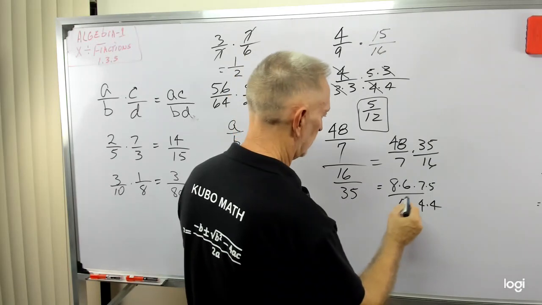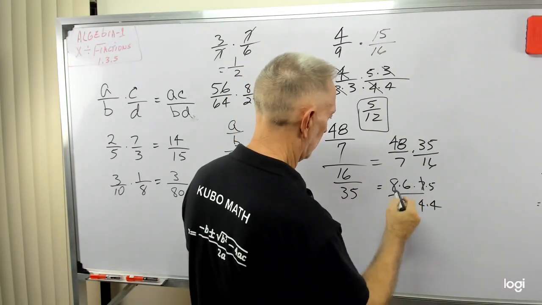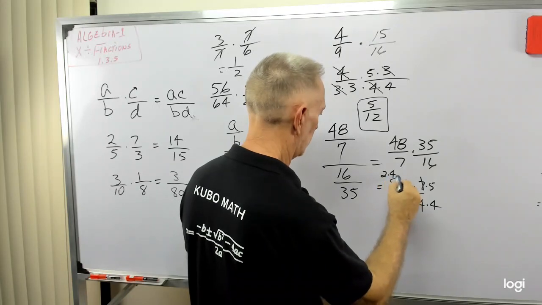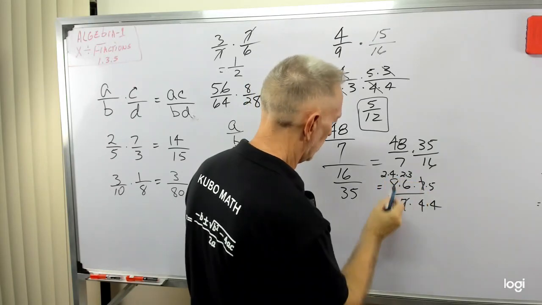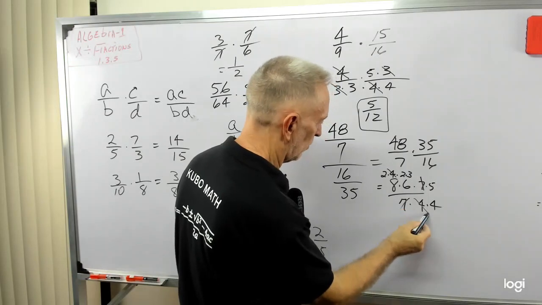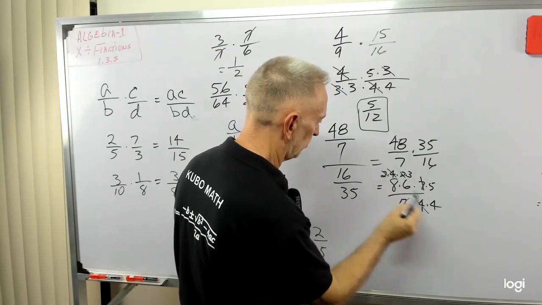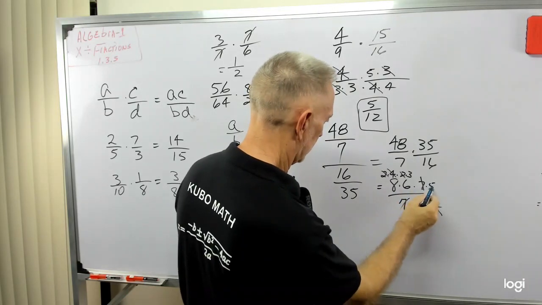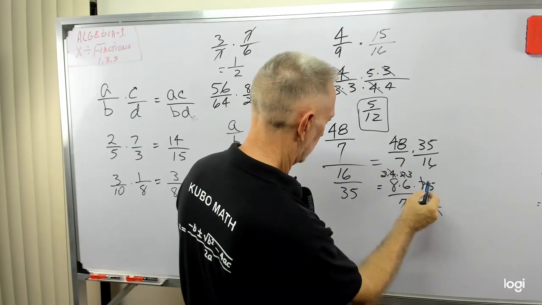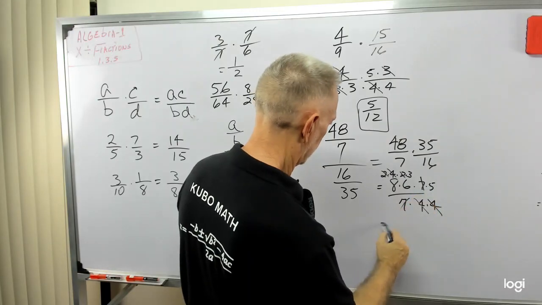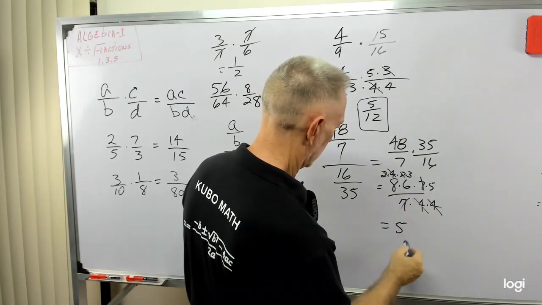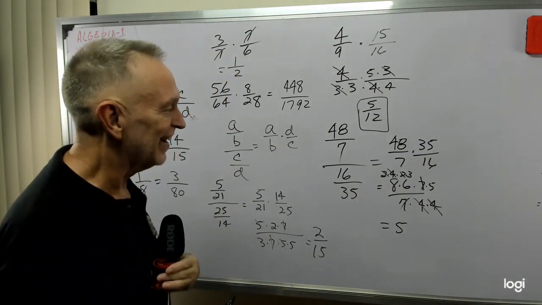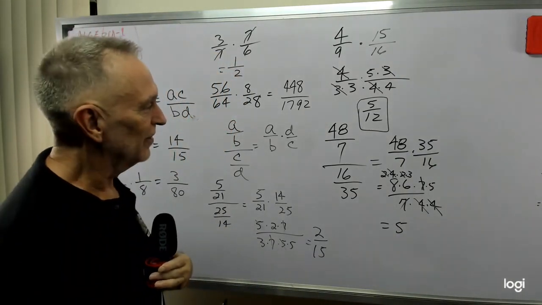Now, the 7s cancel out of the way. Let's see, 8 would be 2 times 4. 6 is 2 times 3. So this 4 and that 4 cancel. 2 times 2 gives me 4, cancels that one. And so now that's just 5. Wow. So it equals 5. That reduced way down, didn't it?